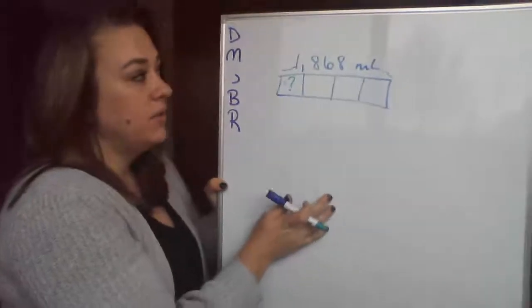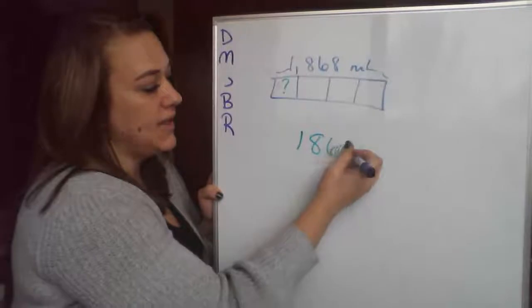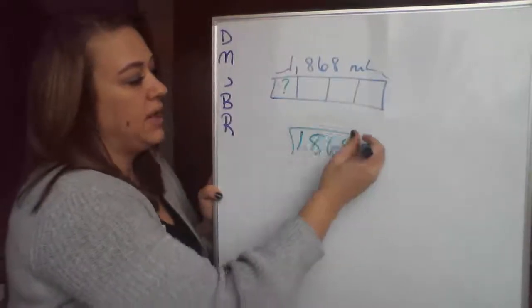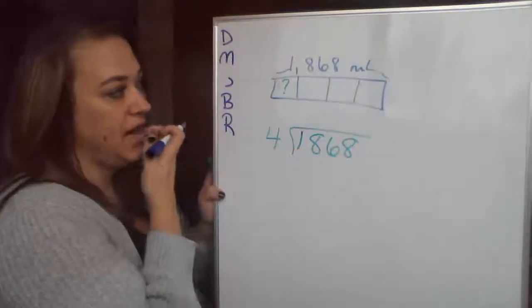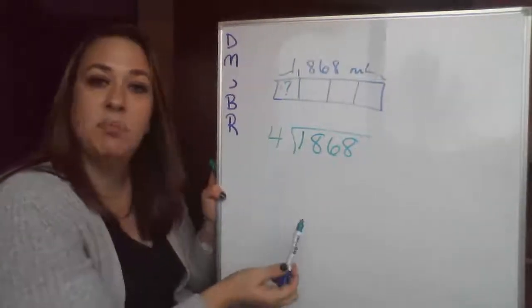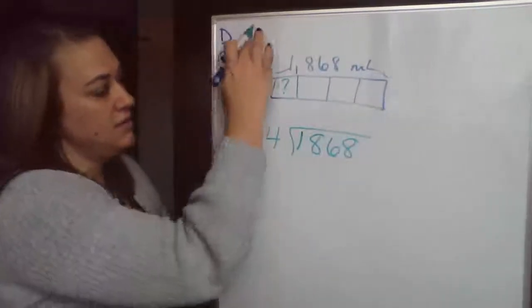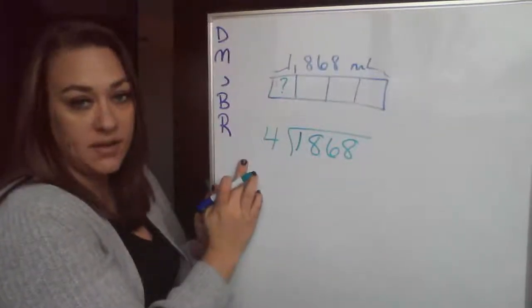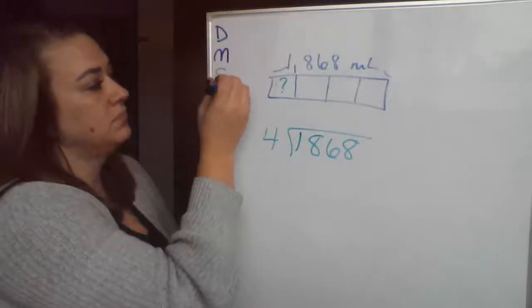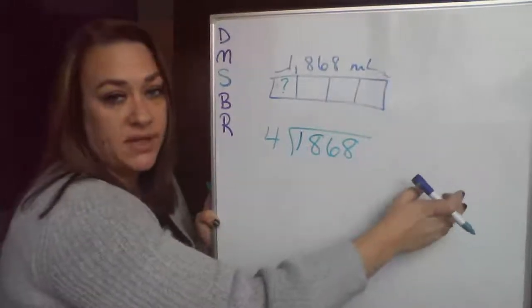Okay. So what we're going to have to do is divide 1,868 by 4. And then we'll know how much each container will receive. Same steps like we've been doing all week for our long division, and we're going to check it with multiplication.